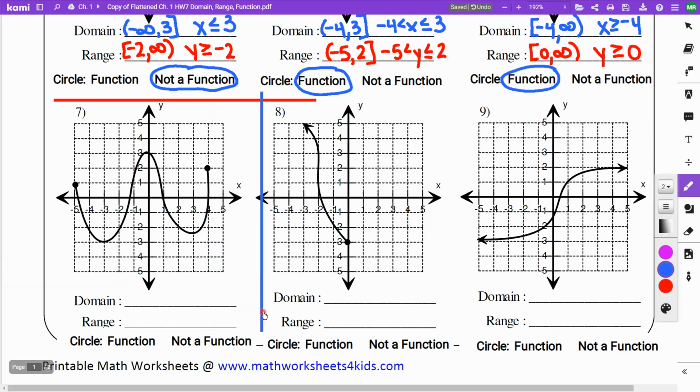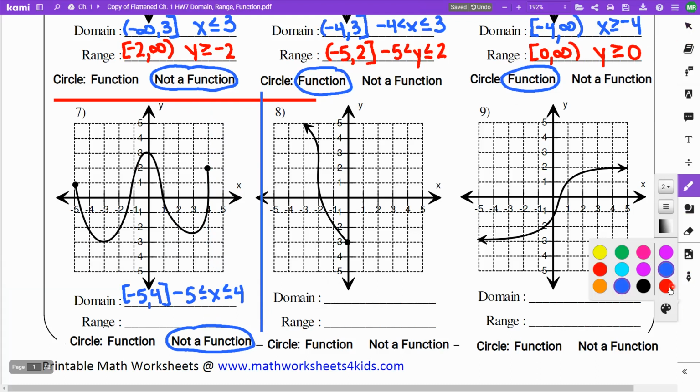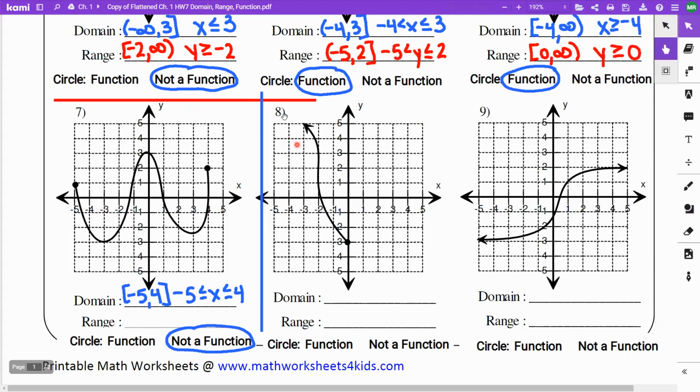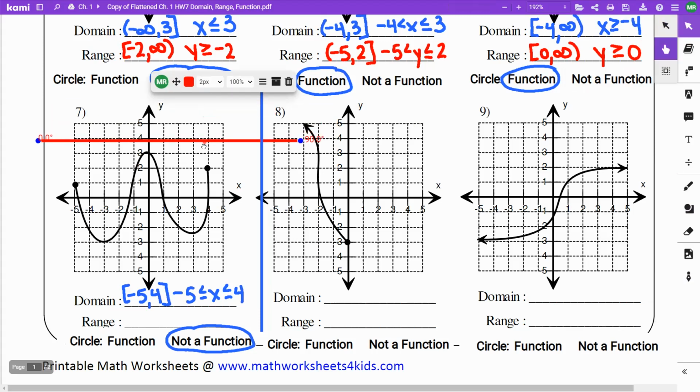So I'm going to say that this is close bracket -5 to 4 close bracket, -5 less than or equal to x less than or equal to 4, and not a function. Now, when I am looking for my range, the lowest this graph goes is -3.